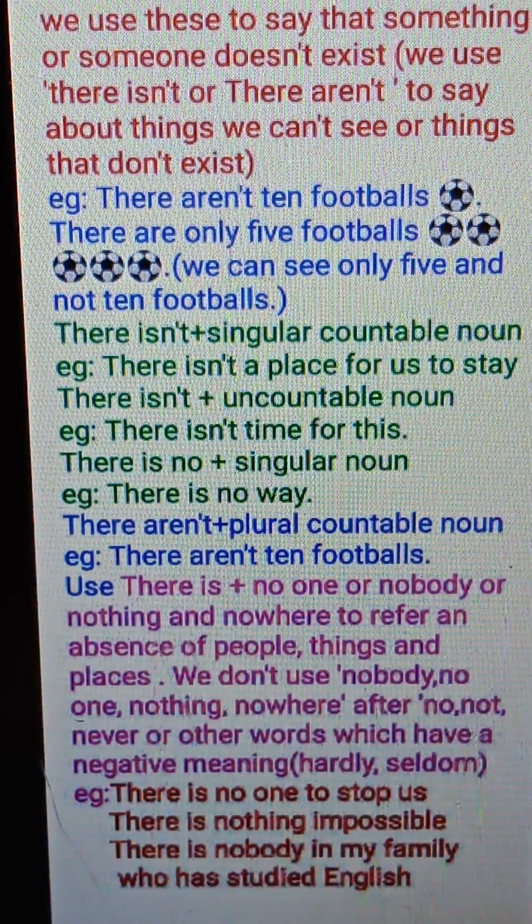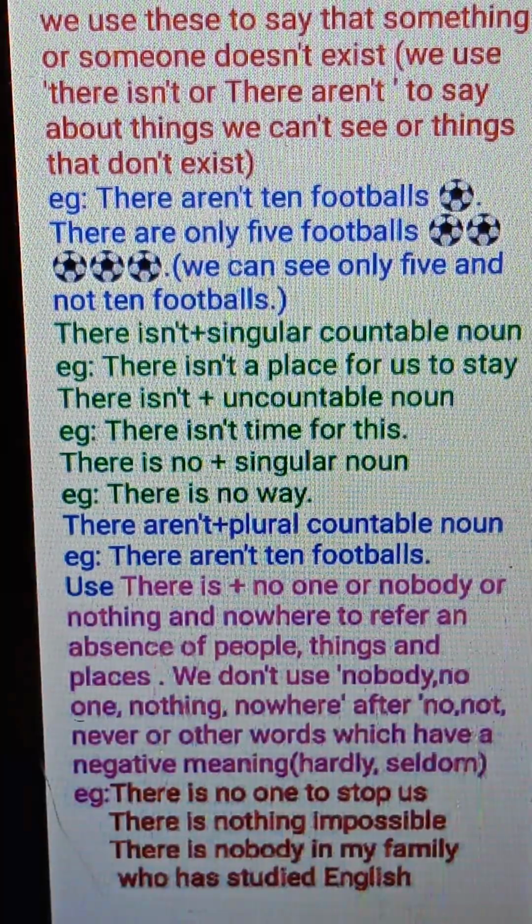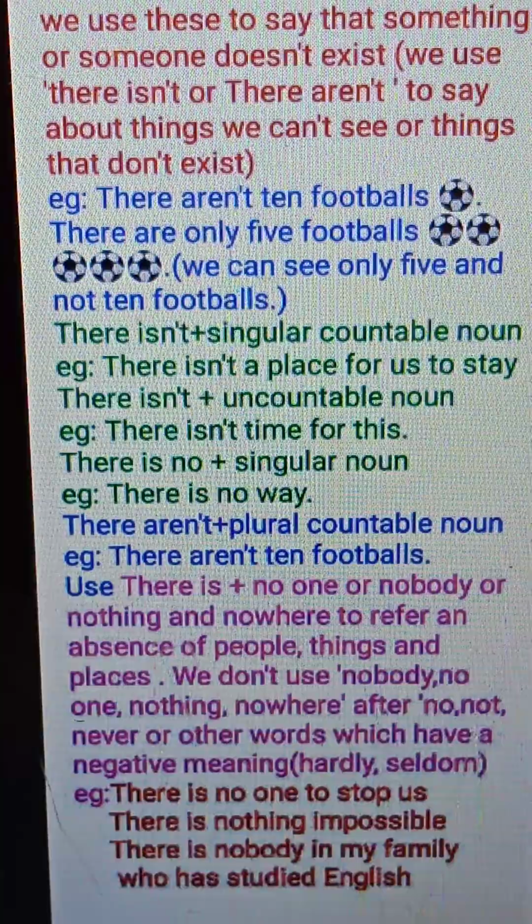We don't use no, not, never, hardly, seldom after no one, nobody, nothing, nowhere, because no one, nobody, nothing, and nowhere are negatives. The example is given: there is no one to stop us.